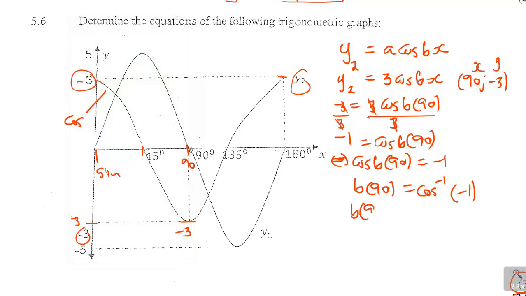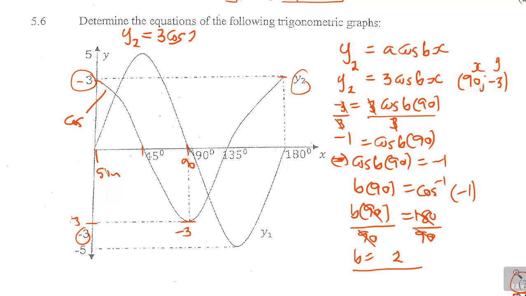So b 90 is equal to 180. I divide by 90, I divide by 90. You can see that b is equal to 2. So my equation for y2 is y2 is equal to a, which was 3, cos b, which is 2x. So y is equal to 3 cos 2x. So that is the part.